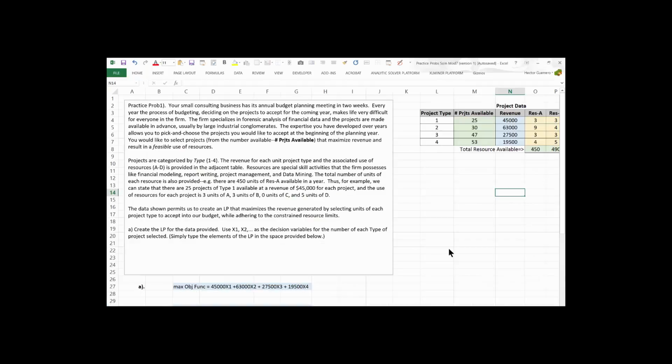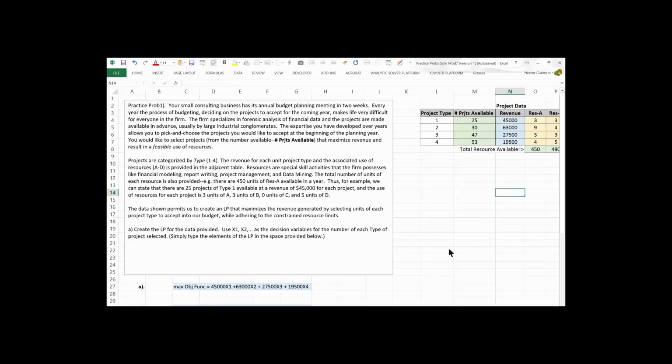We're looking at a situation where we have a small consulting firm and they're trying to do some planning for the future. They're in the fortuitous situation where they can kind of pick and choose projects because they're very good at what they do. And this small firm deals with 4 different types of projects, project 1 through 4. And there are a number of projects that are available for each one of the projects.